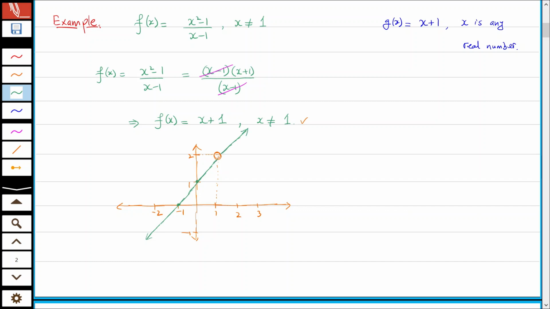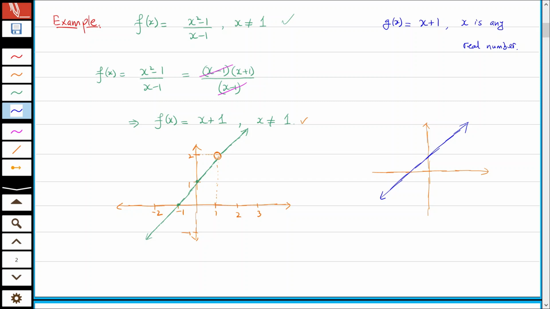So there is an empty circle. I cannot say the value of the function at x equals 1 is 2 because I cannot even use x equals 1. The original function is not well defined at x equals 1. It's not a problem with the second one though. The one in blue will have a graph of a straight line with no gap on it. It'll be something like that.